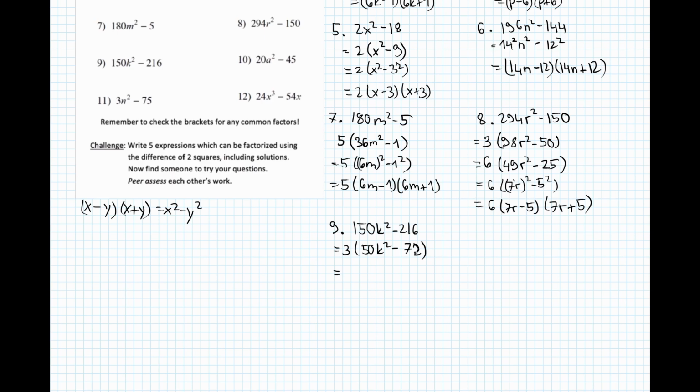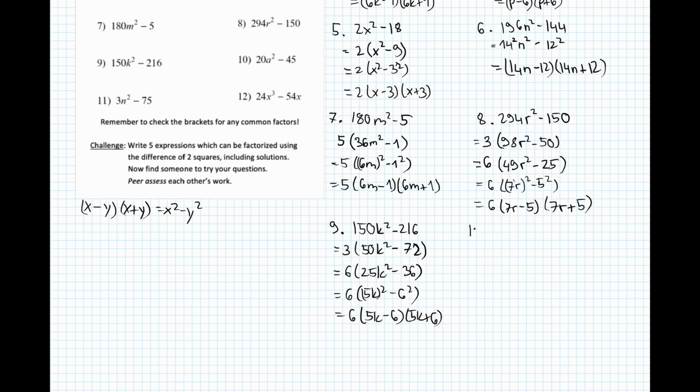And that's also still not a perfect square, so we'll try to divide it by 2 as well. So we'll have the 3 times 2, 6 in the front. And now 25k squared minus 36, and those are both perfect squares. So we can rewrite it as (5k) squared minus 6 squared. And that's 6 times (5k minus 6) times (5k plus 6). That's your final answer.